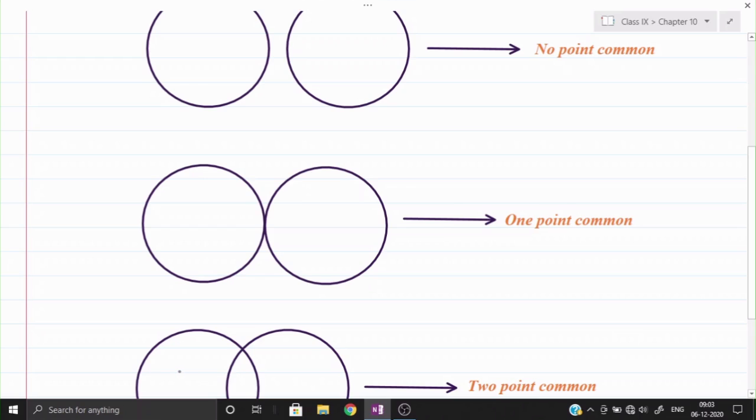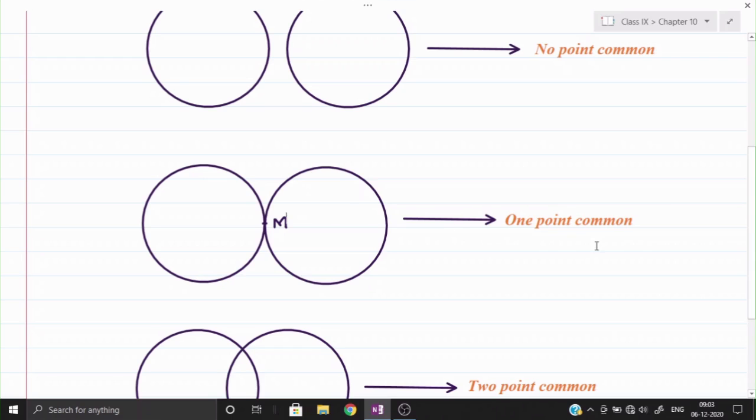So remember, we will assume here that they are touching at only one point. That one point I can suppose M, or you can suppose any other name, but that point will be only one. So in that case they will have 1 point common.